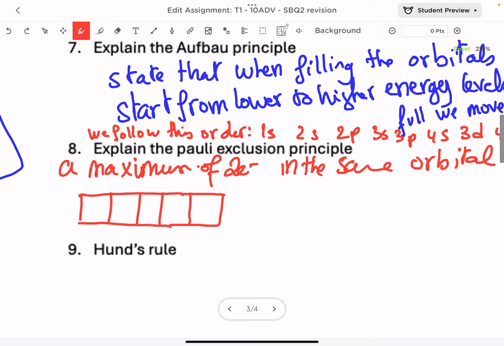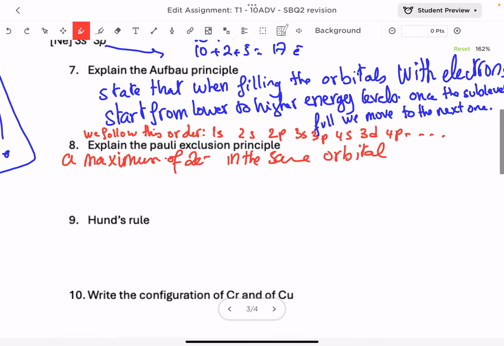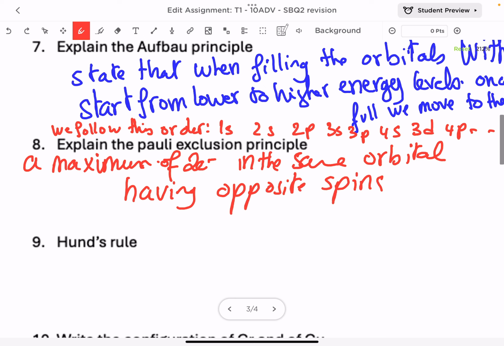So I cannot have in an orbital more than 2 electrons. The maximum is 2 electrons in one box. And when you are placing those 2 electrons in the same orbital, they must have opposite spins.